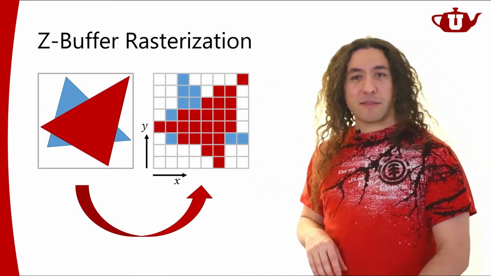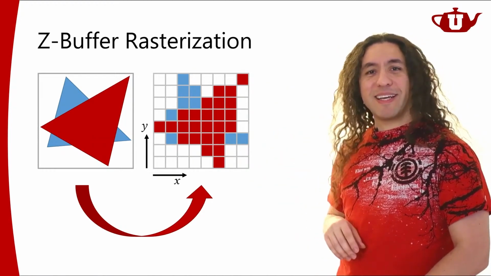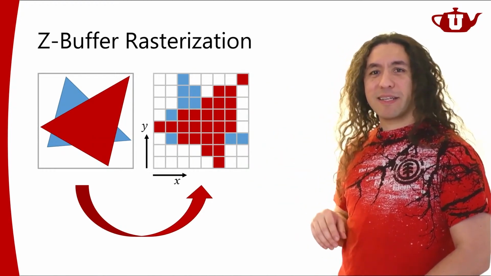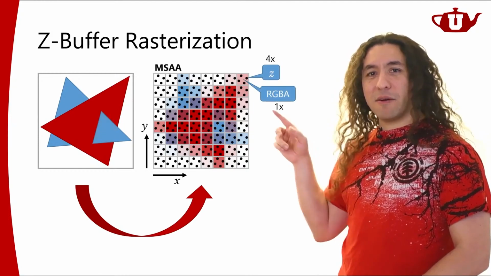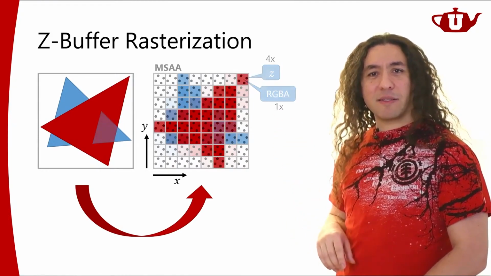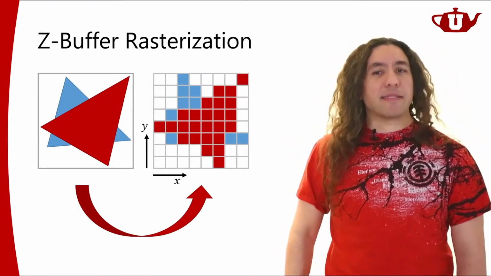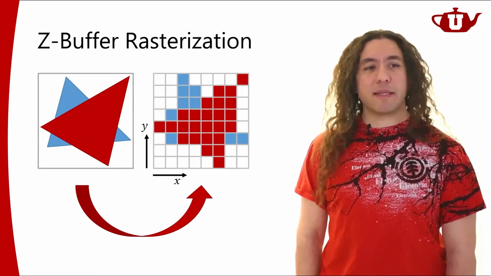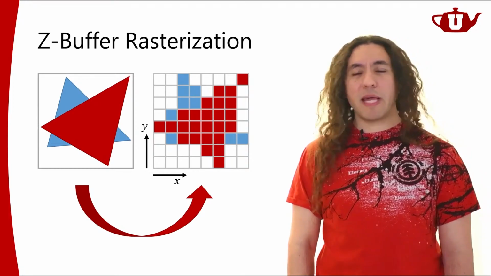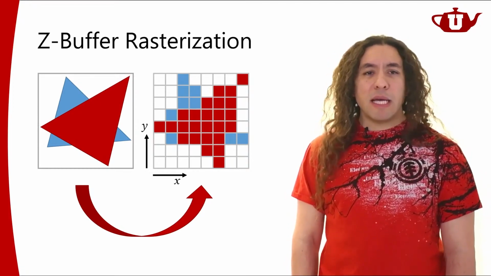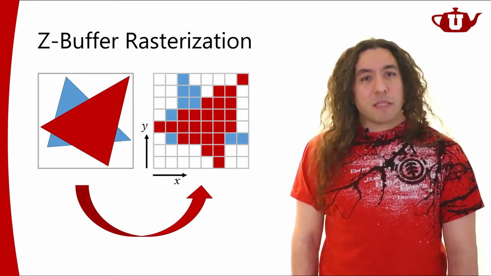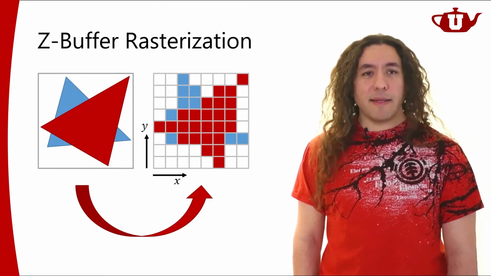So this is what you would get without any anti-aliasing. And this is when you have 4x anti-aliasing, you get these nice smooth looking edges. All right, going back. Anti-aliasing. Yes, the anti-aliasing problem can be solved with z-buffer rasterization without any problems. It works just fine. Of course, there's some cost associated with it, but you can handle it.